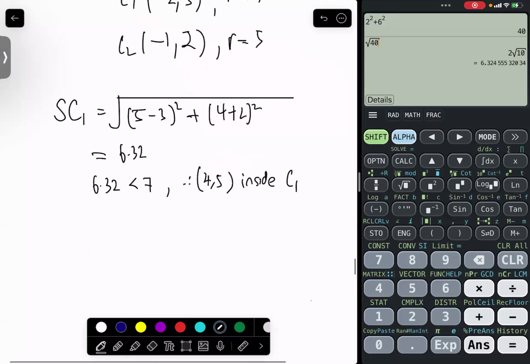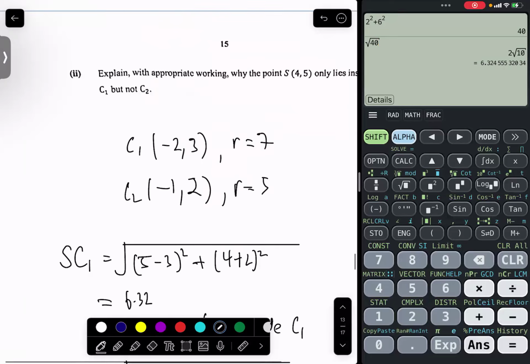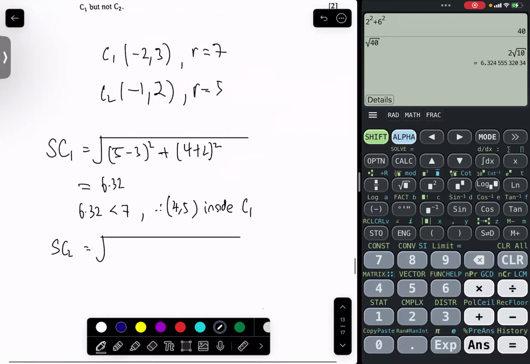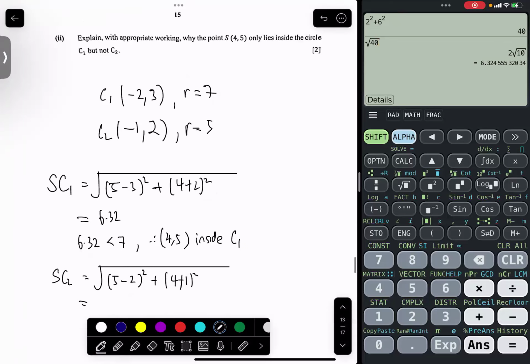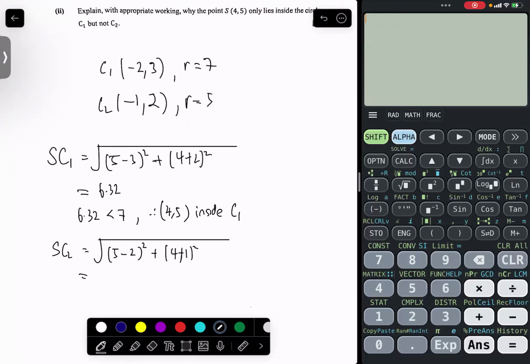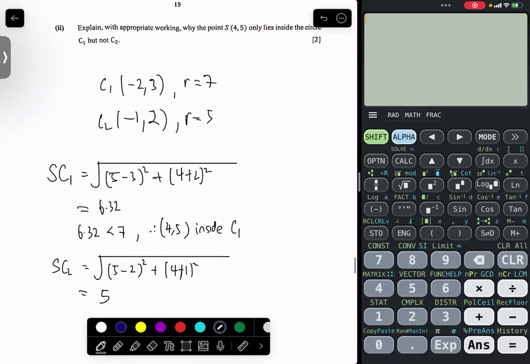Okay. Now let's find SC2, which is equal to the square root of (5 minus 2) squared plus (4 plus 1) squared. So 3 squared plus 4 squared equals to, okay, what is it? 5 minus 2 squared plus 4 plus 1 squared. 3 squared plus 4 squared equals 5, and the radius is 5.